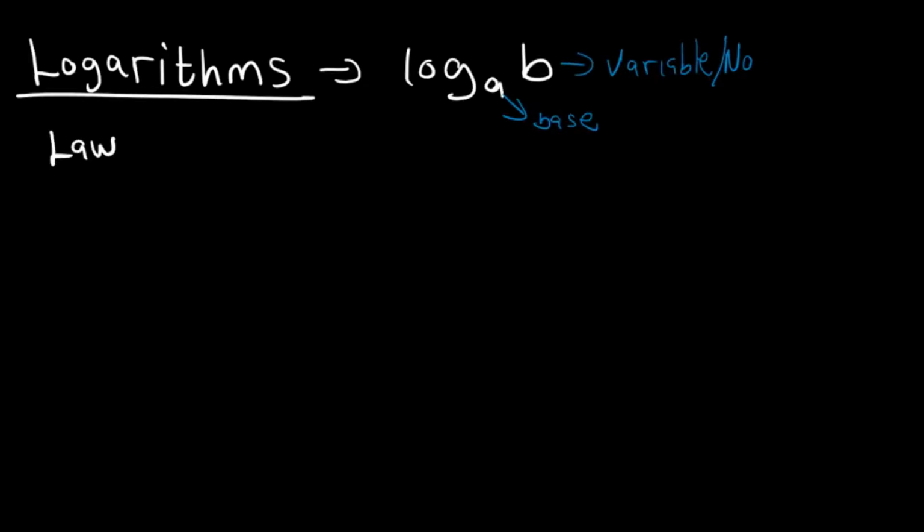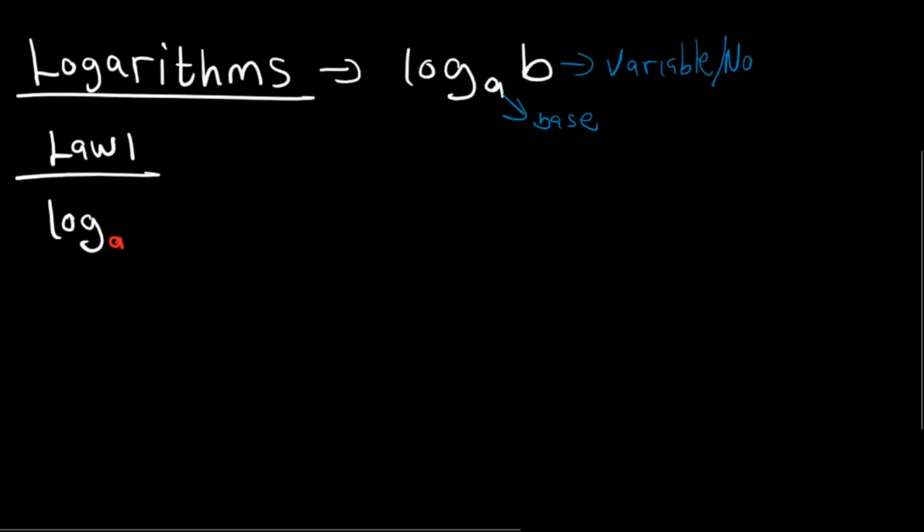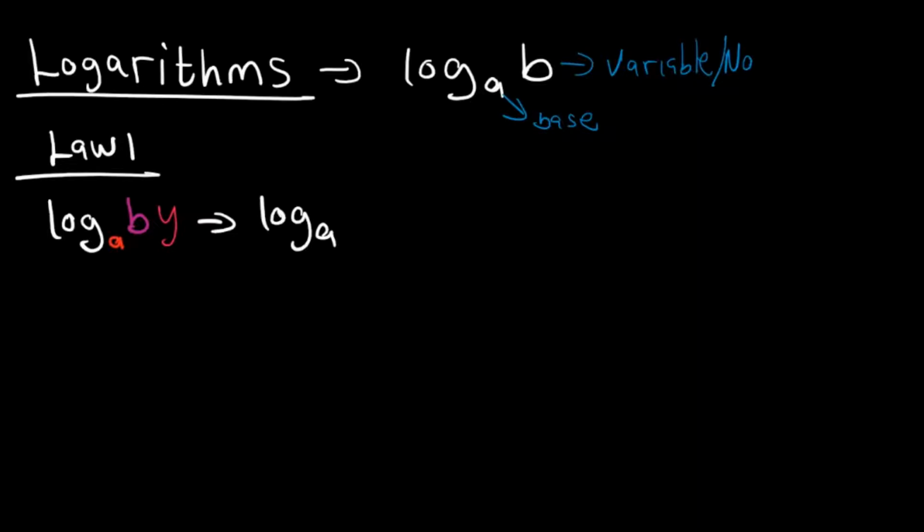Now, law 1 of logs says that if you are going to have log of base a and value b multiplied by the value y, to expand this we will say the log of a and value b plus log of base a and the value y.